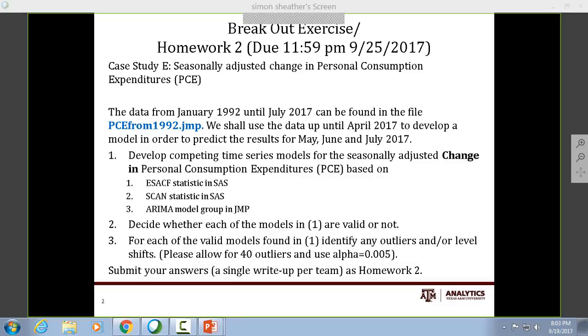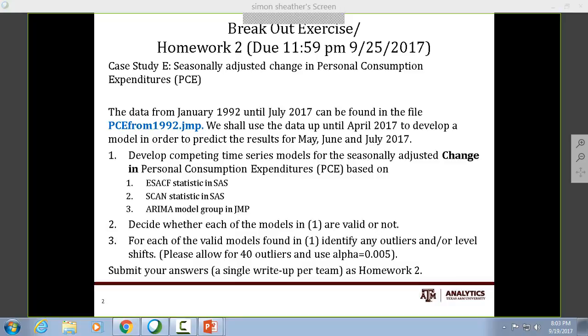You only have to fit the latter two models. I'm going to ask you just to identify the outliers or level shifts, and I'm not going to ask you to go through the process of putting them back in. We've already done that. I just want to make sure you understand the ARMA, how to fit the ARMA piece.